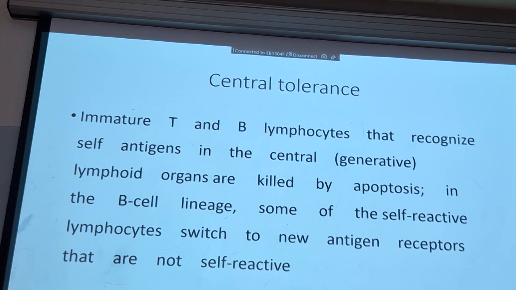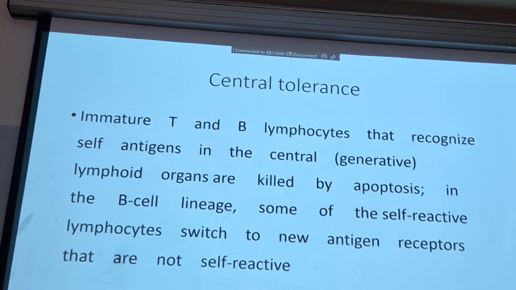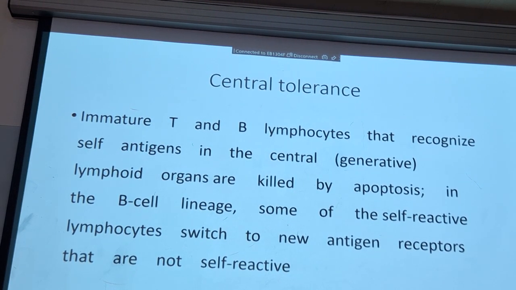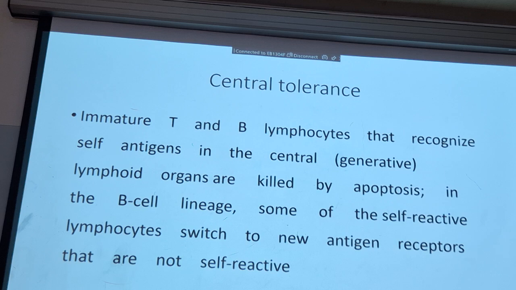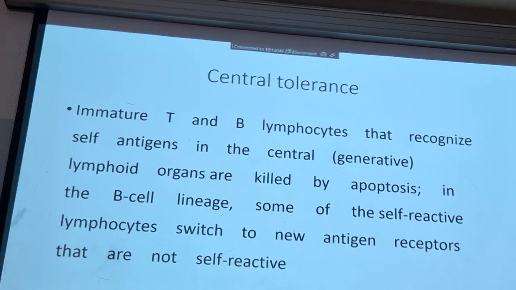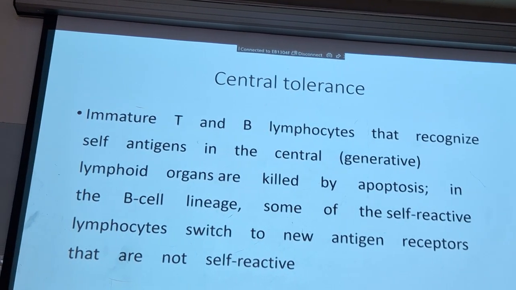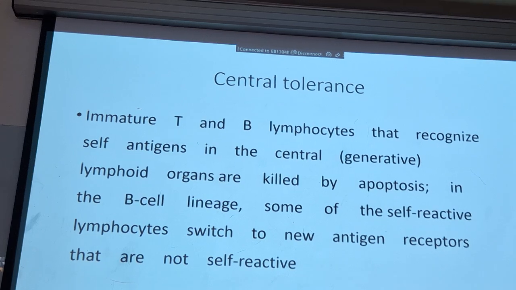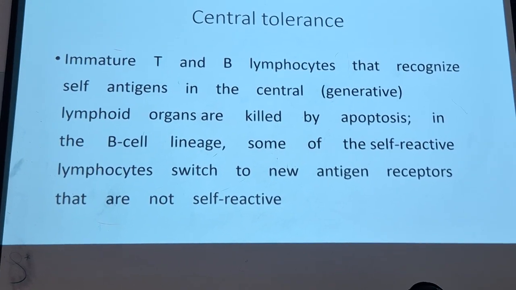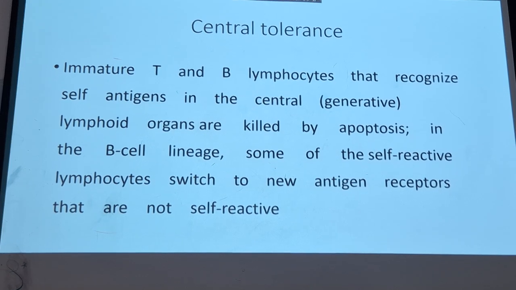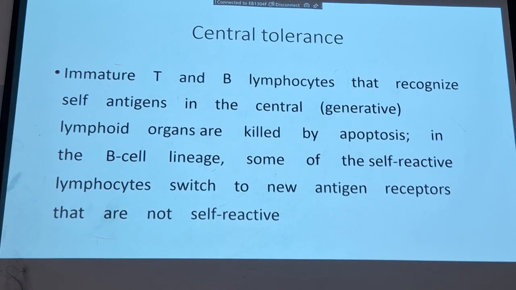Immature T cells and B cells that recognize self-antigen, you have a process of central tolerance. For example, in the central lymphoid organ, when they react against self-antigen, they will be killed by apoptosis. In the B cell lineage, some of the self-reactive lymphocytes switch to new antigen receptors that are not self-reactive, but most of them undergo apoptosis.